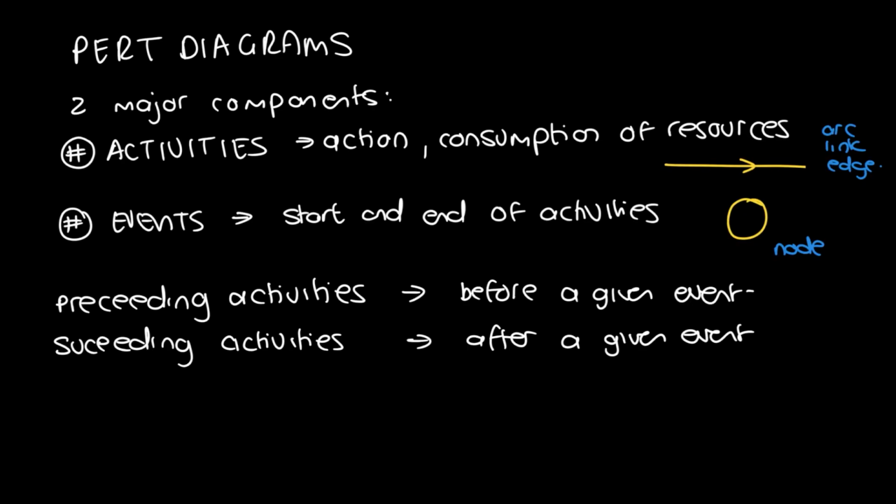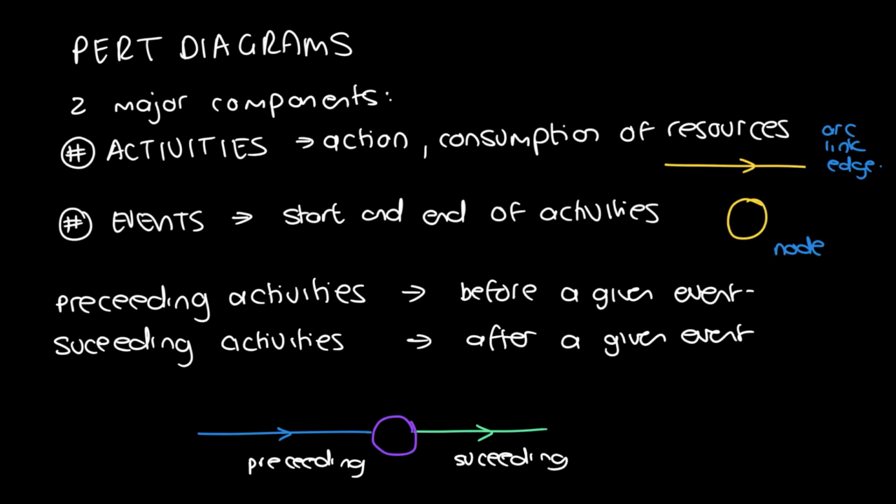So for example, let's just draw a quick edge there, an activity. And let's draw another activity that chills over there. And let's have an event sitting in between it. What you can see from this is that this blue activity is preceding the purple event, and the green activity is succeeding the purple event.